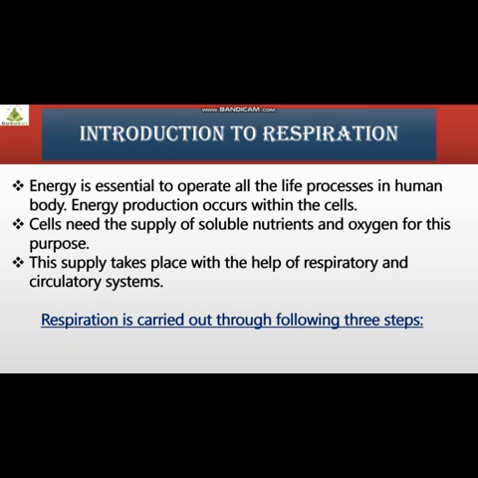The respiratory system provides oxygen and the soluble nutrients are provided by the circulatory system. So both the materials which the cells require for energy production are supplied. This was a brief introduction to respiration.